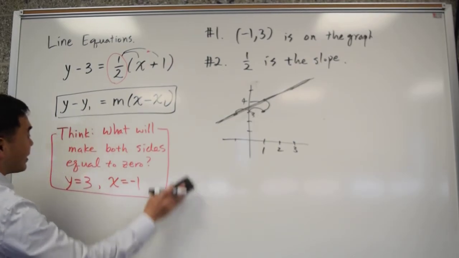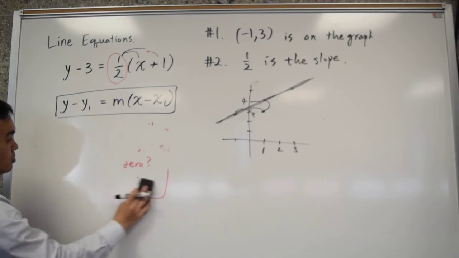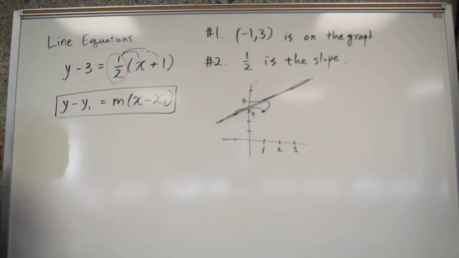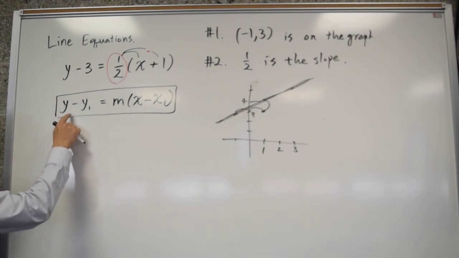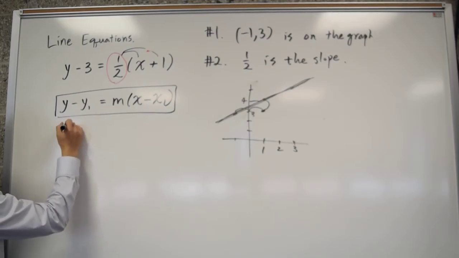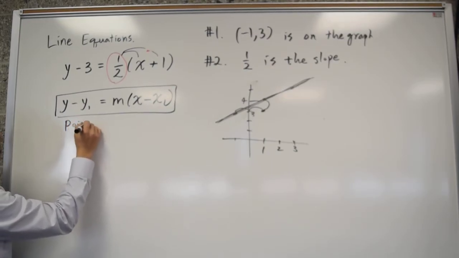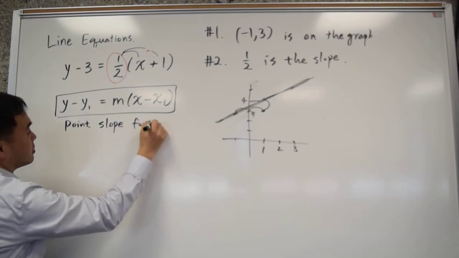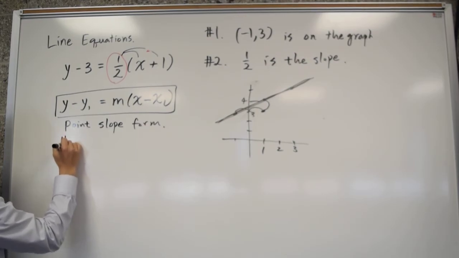Now let's go back to the following equation in general. So what's at play in general? This equation, which we call the point-slope form, has two facts.